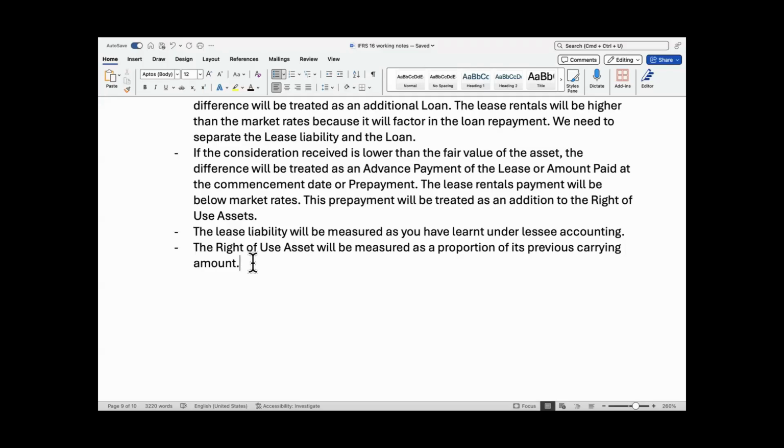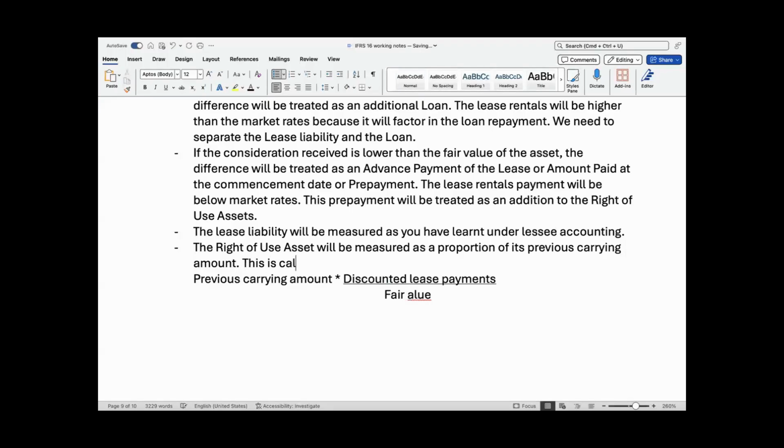So the standard requires that you measure the right of use asset at the proportion of its previous carrying amount. So that means the right of use asset would be measured like this. It would be, we'll say, the previous carrying amount times the discounted lease payment or lease rentals divided by the fair value of the assets.